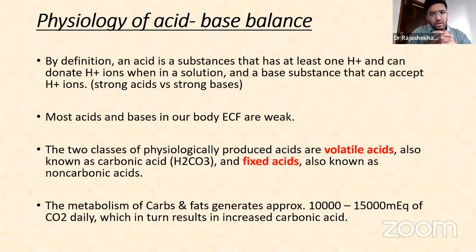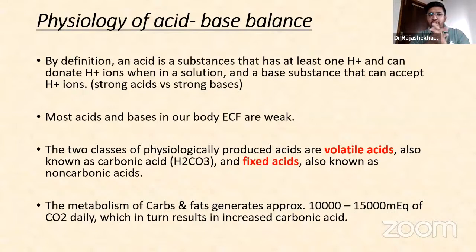The more H plus it can donate, the stronger the acid; the more hydrogen it can accept, the stronger the base. The fluids in our body, both extracellular and intracellular, contain relatively weak acids and bases. They are not very strong acids.